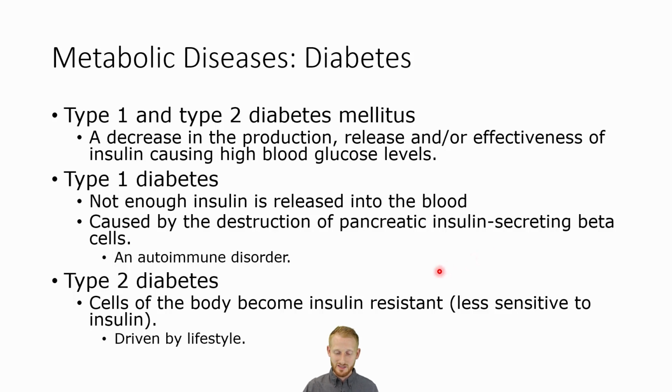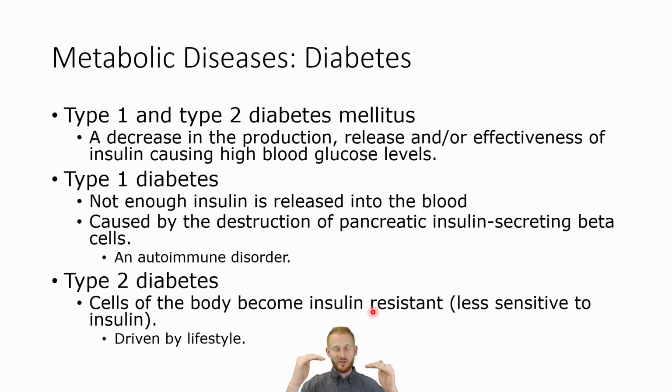Type 2 diabetes is usually caused by insulin resistance. Insulin resistance means that your body is less sensitive to insulin than it should be. In other words, if this person has this amount of insulin and this person has this amount of insulin in their body, maybe this person over here is a typical individual that's not a diabetic, and this person has diabetes.